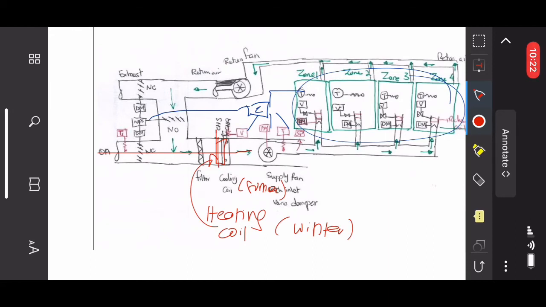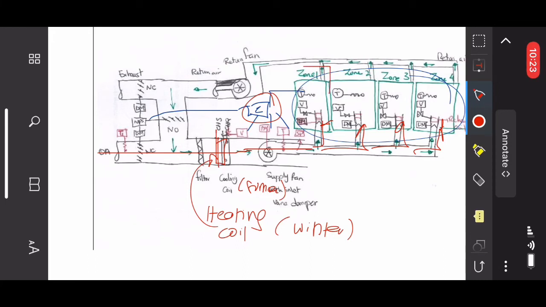So a fan will suck in all the hot air or cold air depending on the situation and move throughout all the zones. The zone will have its own variables and temperature system, and the controller will read and readjust to cool it or heat it up faster or more or less, right?